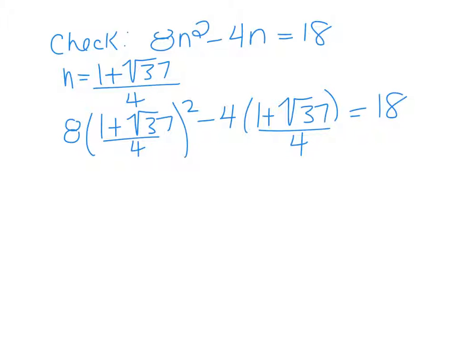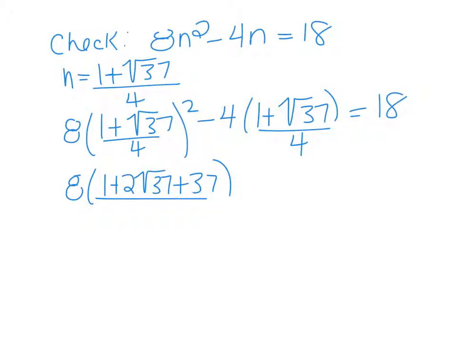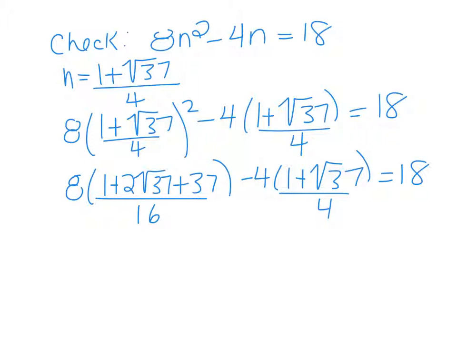Now, first thing we're going to do with that is complete the operation here of the radical. So I'd have 1 plus 2 the square root of 37 plus 37, and that would be all over the 4 squared, which would be 16, minus 4 times 1 plus the square root of 37 over 4 is equal to 18.